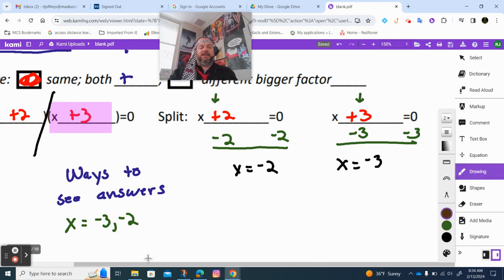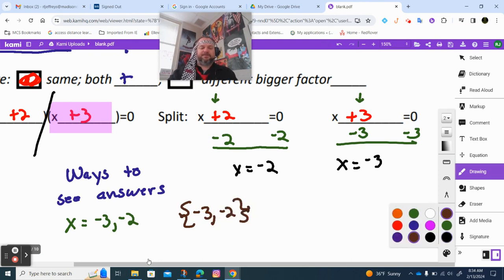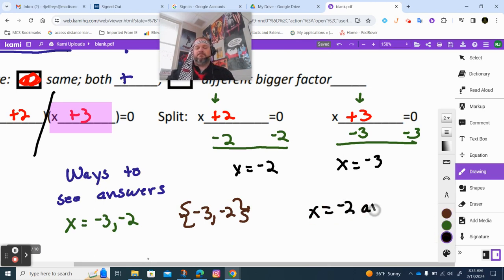You'll see it like this. You'll see with these braces. Okay. Or you'll see it like we have written here. Any one of those is okay. All right. Any one of those is okay.